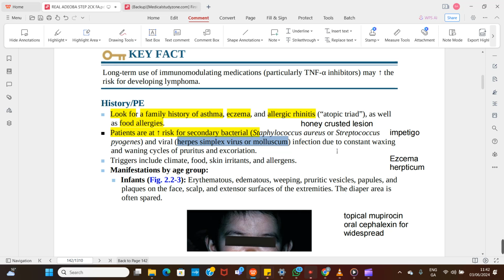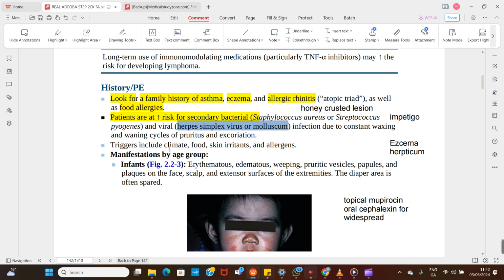The trigger for the lesions is usually climate change, especially low humidity, or maybe you eat some particular food, or skin irritants, especially harsh creams and hard soap used to wash your skin. If you have a tendency to develop allergic dermatitis, it just comes straight away, or you get exposed to certain allergens that can trigger it.